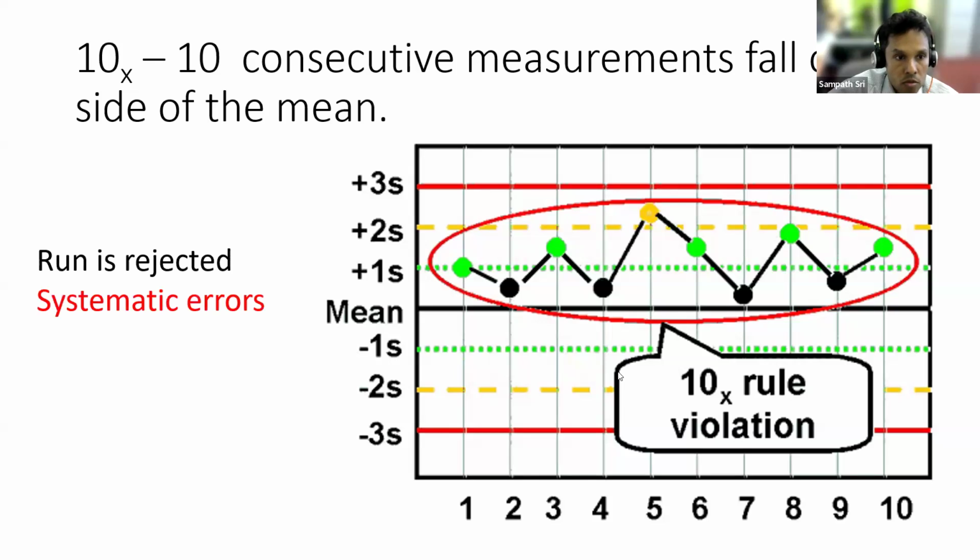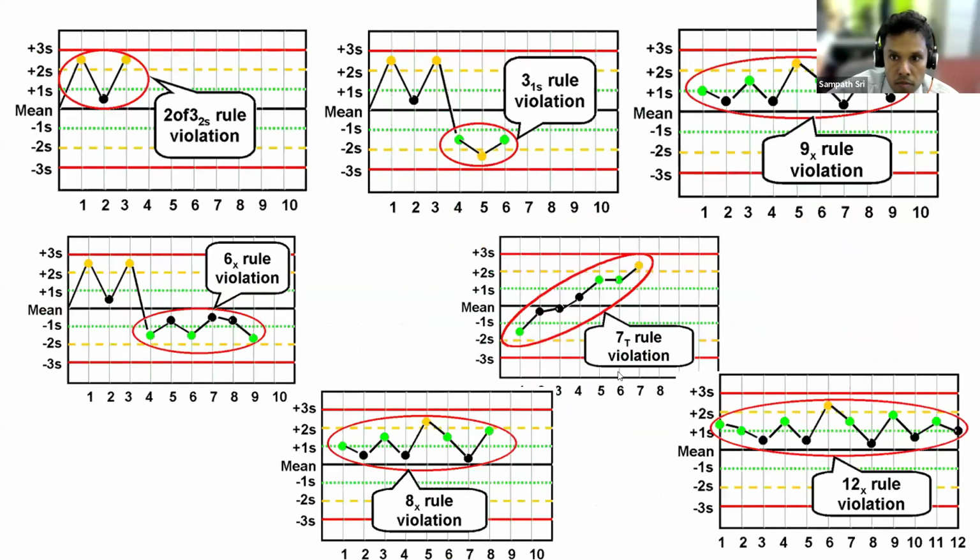So this is also indicating a systematic error, and we have to reject the run if this rule is there. There are so many rules, but all the previous rules we consider as classic rules. All the other rules we usually do not use in our day-to-day internal quality control process.